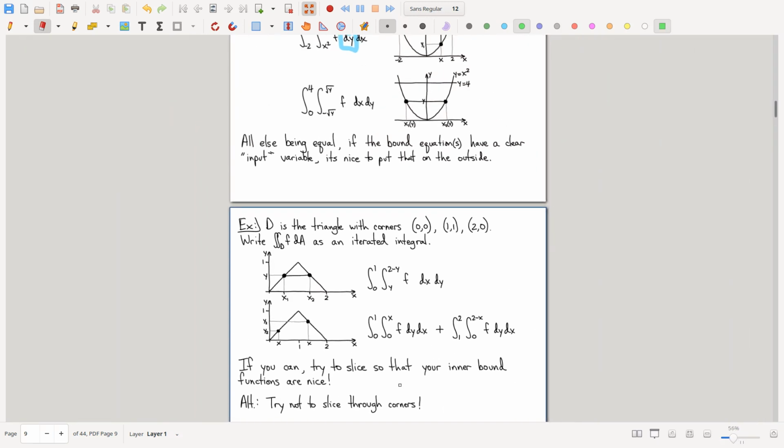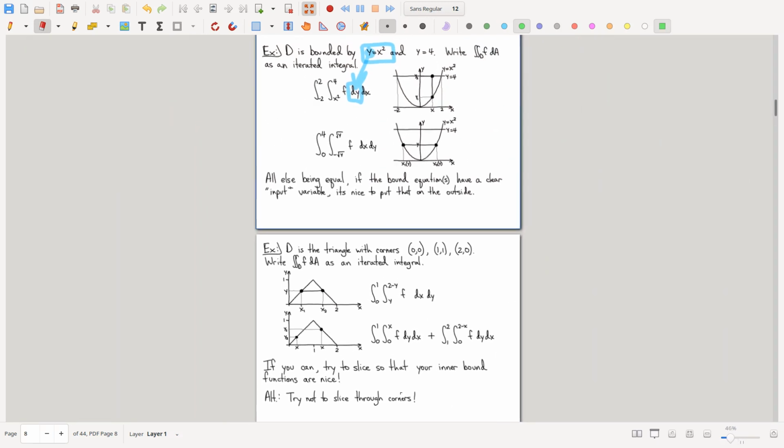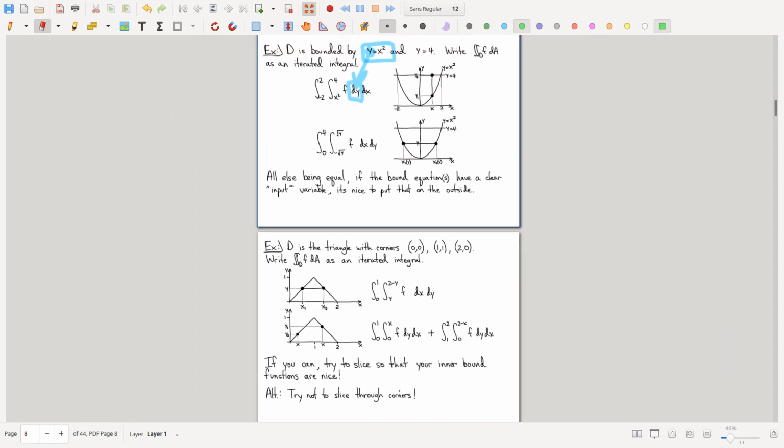Here's a piece of good news. We have two different kinds of examples here that we've seen. You can do it both ways, and which one's better, and little strategies for how to do the best possible job.